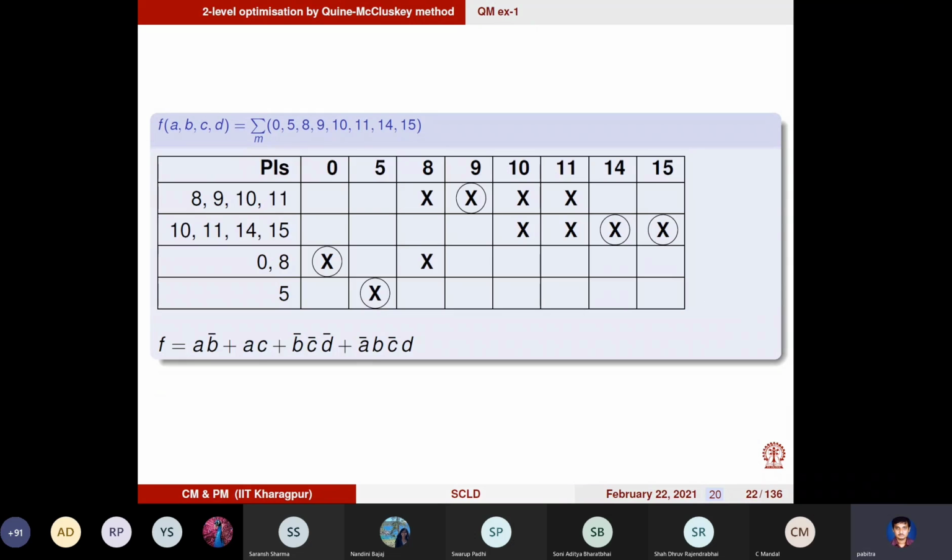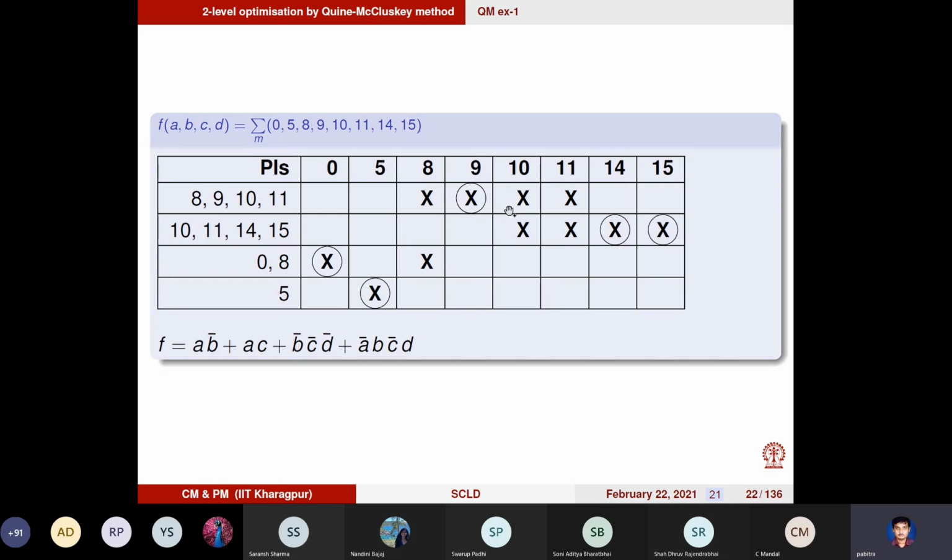This is the process. What you finally have is a table like this. In the rows of the table, you have the unreduced or not further reducible implicants, and in the columns, you have the minterms. The cross marks imply whether an implicant covers that minterm or not.